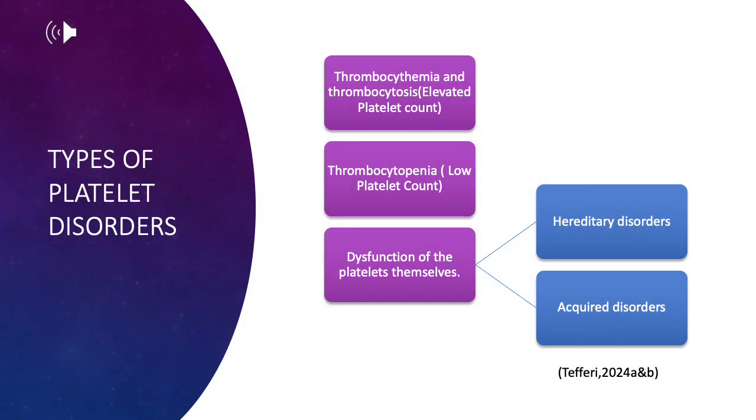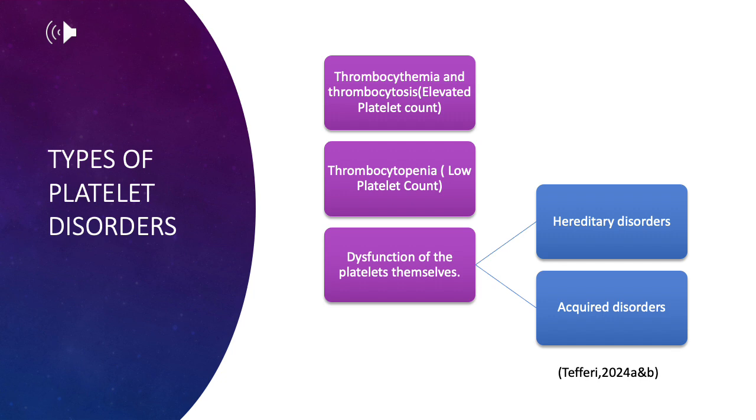So moving on, talking about the different types of platelet disorders and an overview of each one that we're going to talk about. Thrombocythemia and thrombocytosis are both elevated platelet counts.